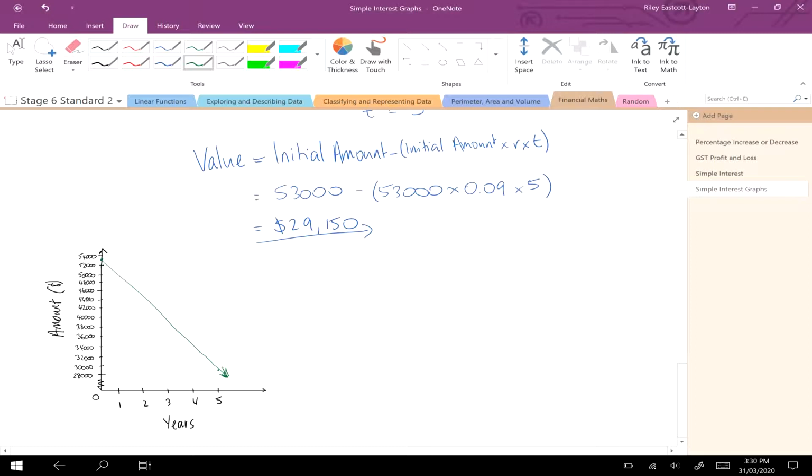So for our depreciation of our tractor, after 5 years, the tractor would only be worth 29,150 compared to the 53,000 that it initially cost.